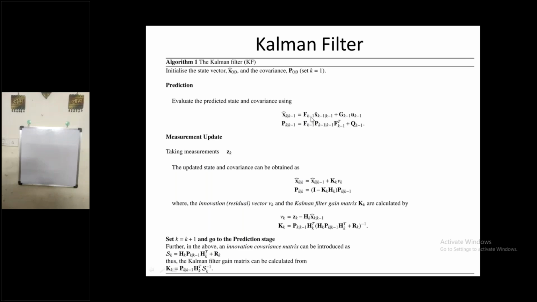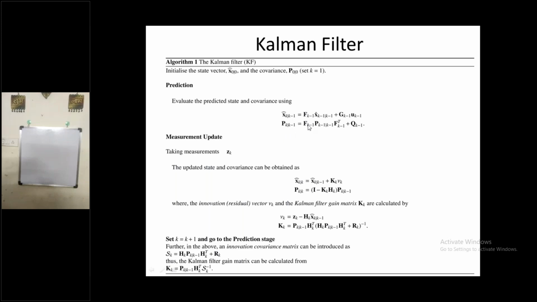This is a plant matrix. So now when k equal to 1, this will become x hat of 0 at 0, which is known to us. Similarly, to find this predicted covariance, P k at k minus 1, that means we are trying to predict the value at k based upon the previous k minus 1. How are we doing this?